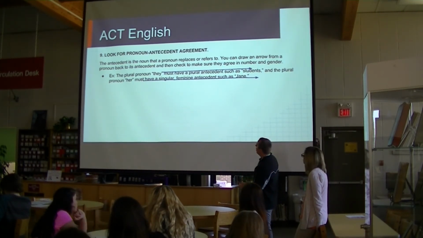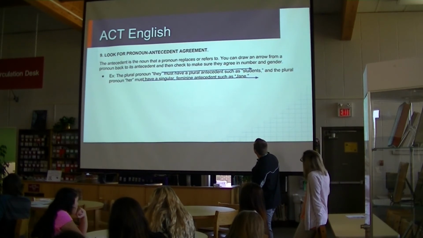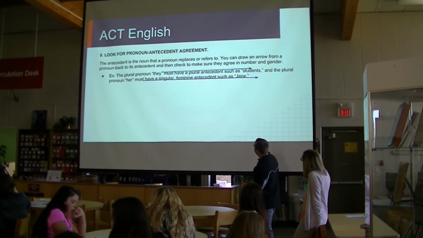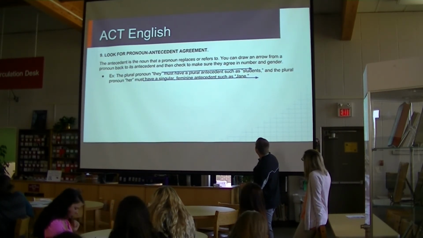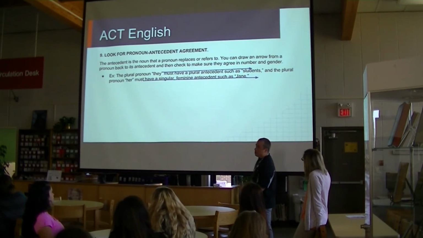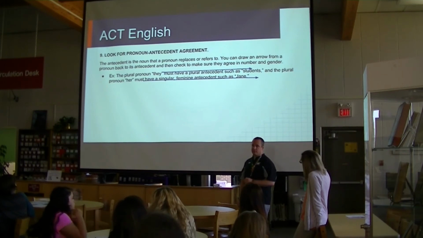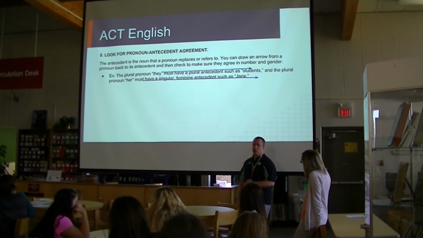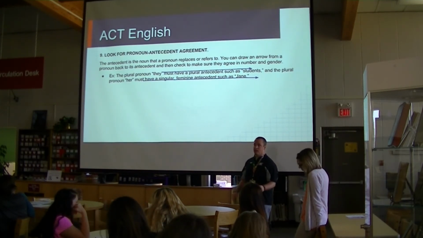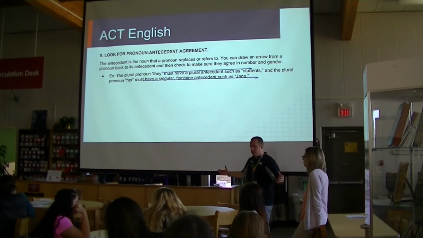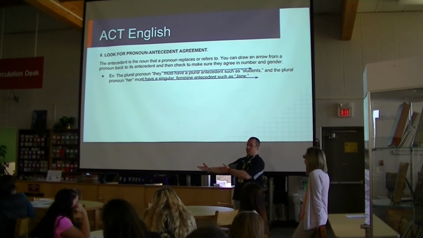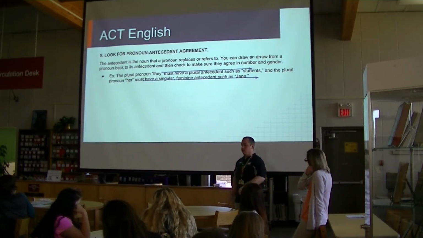So up here, what have I done? I don't know where I got these examples from. But what I've told my students to do is on a test like the ACT, if they're asking a question about pronoun antecedent agreement, and if it's ever gotten confusing what antecedent this pronoun is referring to, just draw arrows.